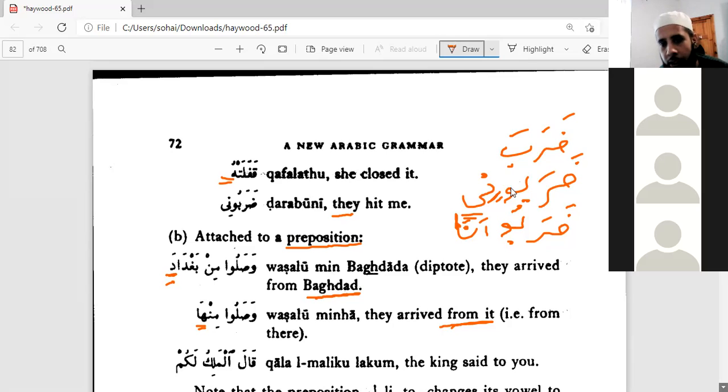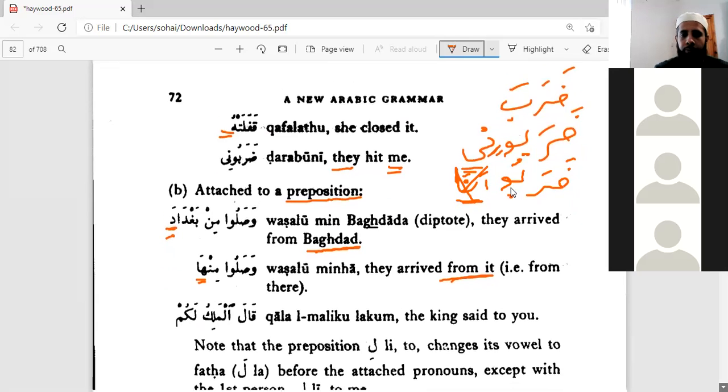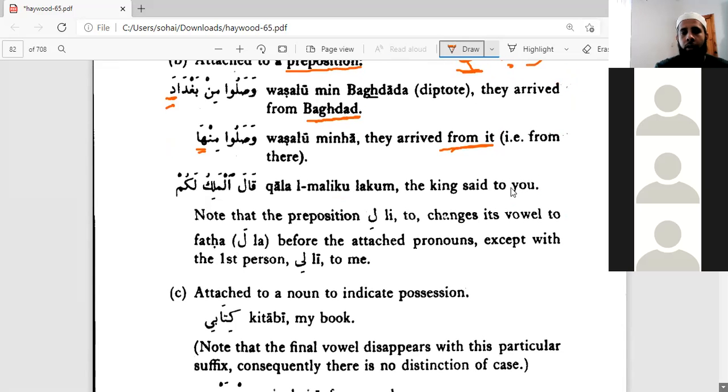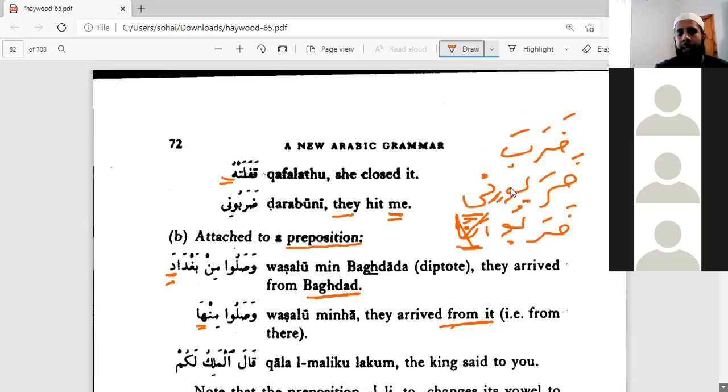I mentioned before, you can't put a normal pronoun; you can only put an attached pronoun when it's the object. So darabu, because hitting is a verb, and they hit is plural, so we use darabu. Me is the object because they're hitting me, so we put ni. So that noon will be added for all the verbs. Yes, noon will be added for all the verbs.